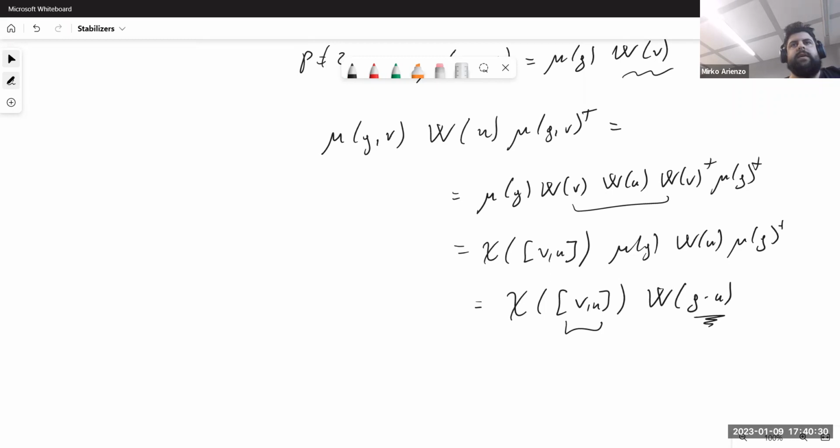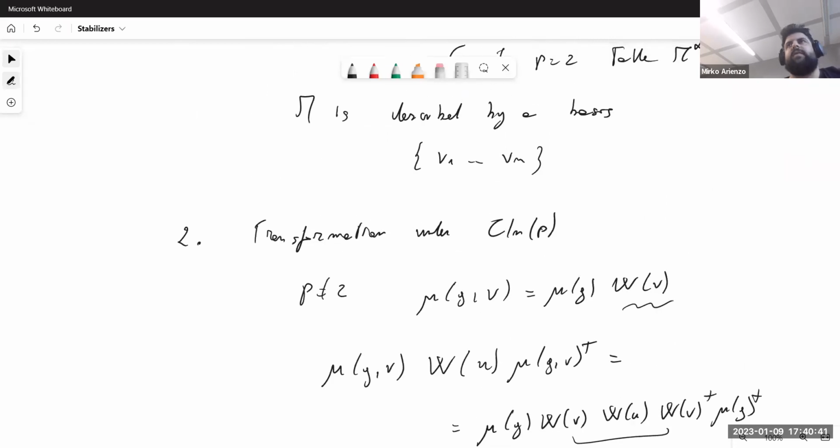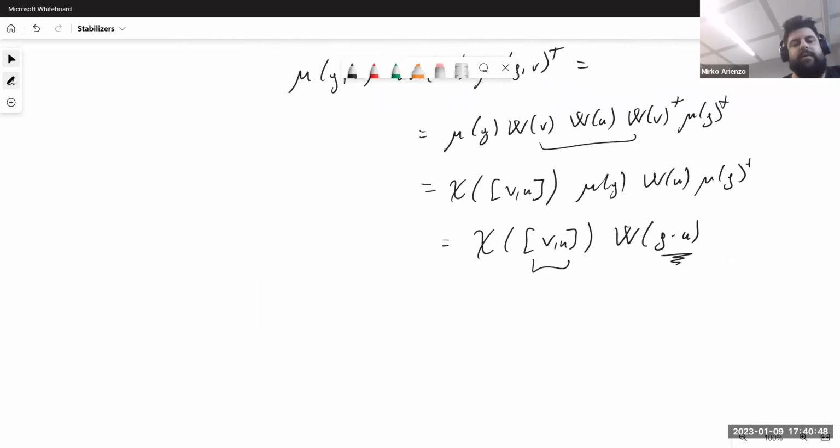And so when you update a stabilizer state, which is described by vectors v1, ..., vn, you would just update these vectors with your symplectic matrix. You have this basis here, and you just get another basis g v1, ..., g vn, and this is basically how you will update your state.